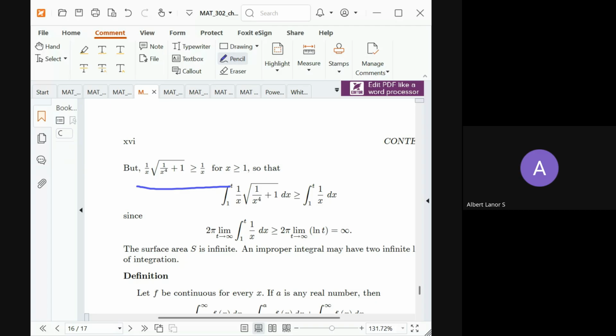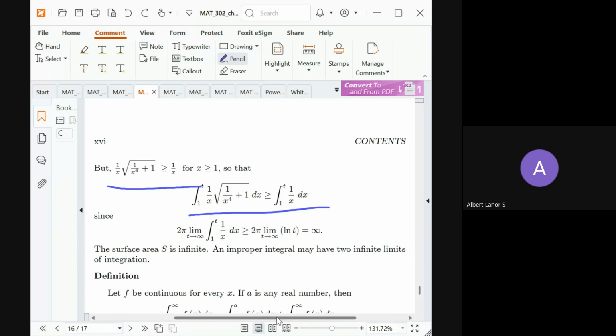So if you use that and impose it, the value you have will always be greater than 1 over x. Now, this value here is going to ln t. Ln t goes to infinity. But what you're expecting should even be greater than this value. So clearly, the surface area S would be infinite. Once it is infinite, it tells you that the surface area does not exist.